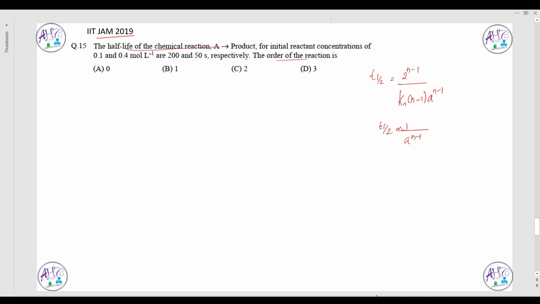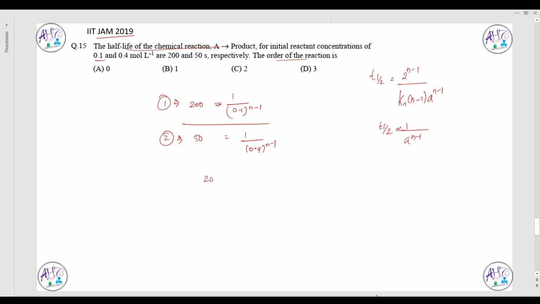So in first we have your T half. First one you have your T half is 200, which has a concentration of 0.1, which is 1 by 0.1 power n minus 1. Okay, by your second T half is 50 seconds, and it has a concentration of 0.4 power n minus 1.